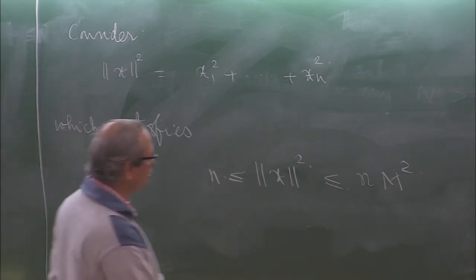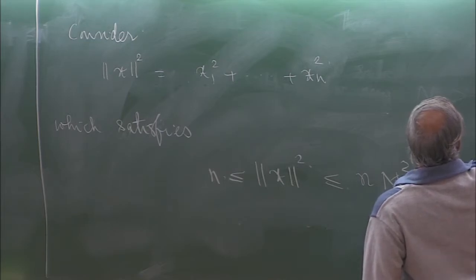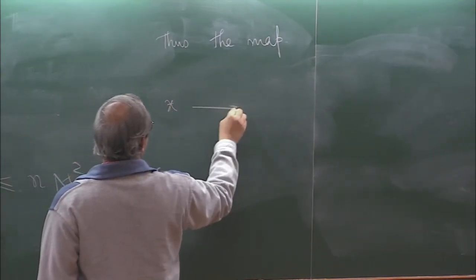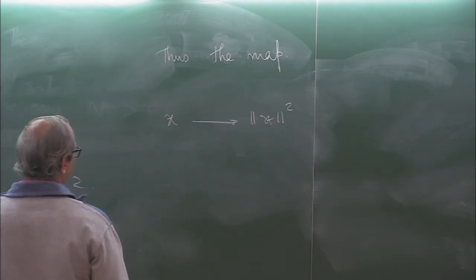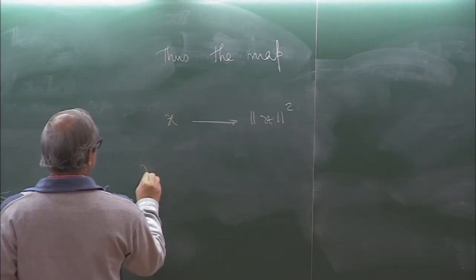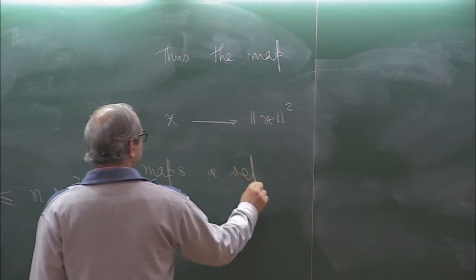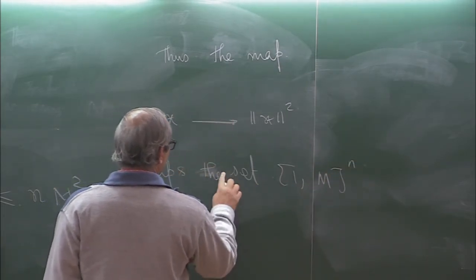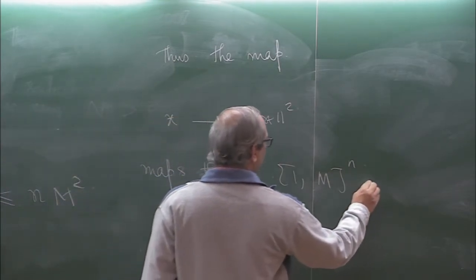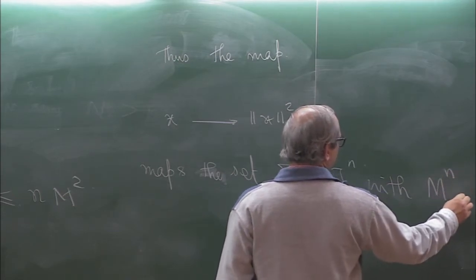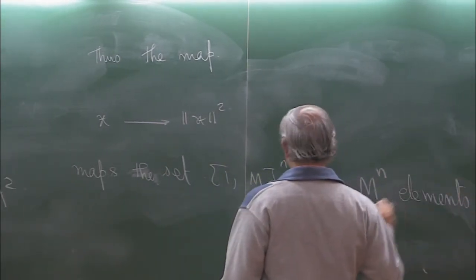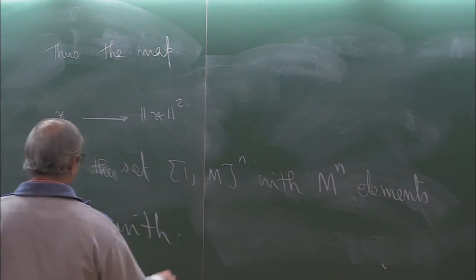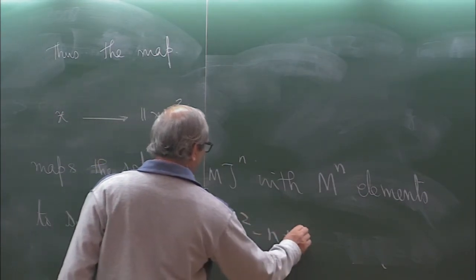Now if you look at the map x going to norm x squared, it maps the set {1,...,m}^n with m to the power of n elements to a set with n m squared minus n plus 1 elements.